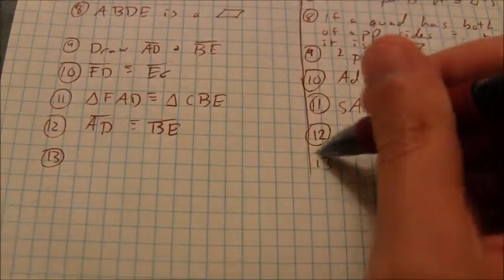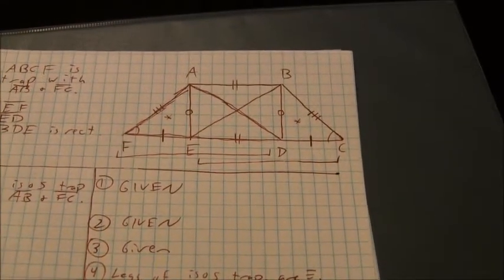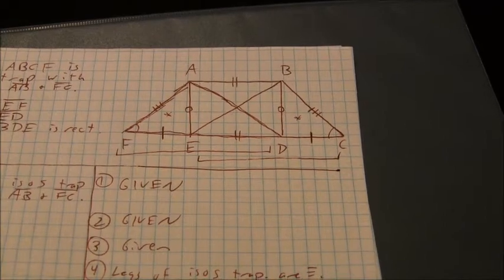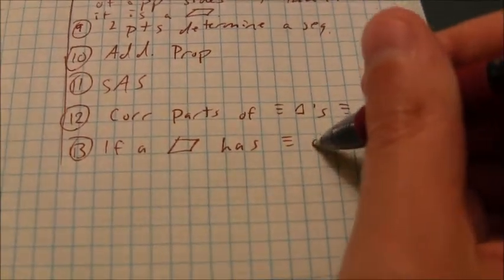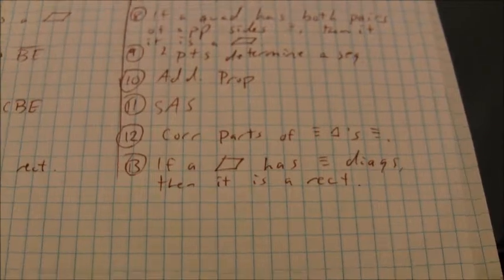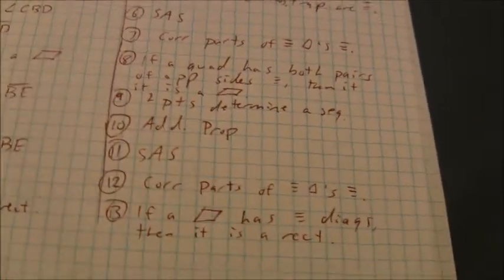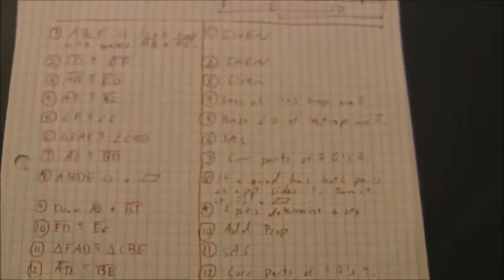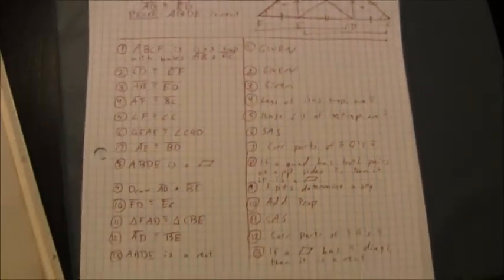And now I can say that ABDE is a rectangle. And the reason being, I already proved that it's a parallelogram, and now I've proved that the diagonals are congruent. So if a parallelogram has congruent diagonals, then it is a rectangle. And that should complete this proof.